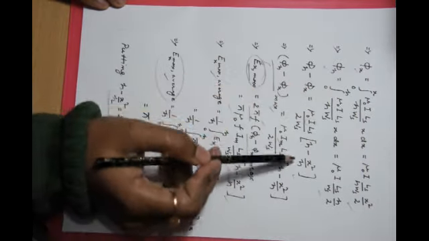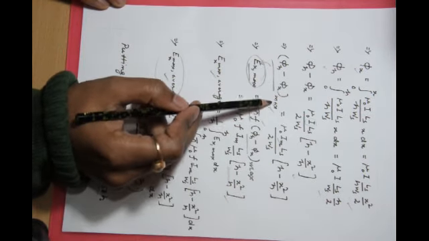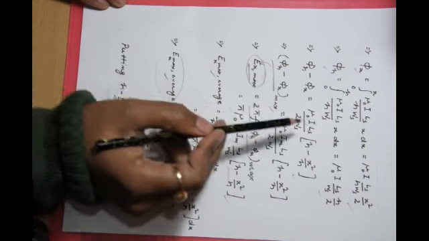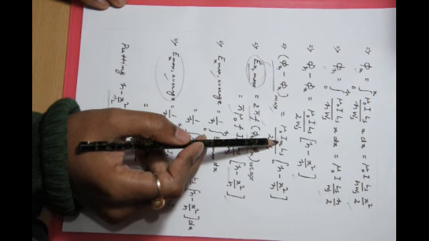Phi h minus phi x is calculated, which is equal to this much. Its maximum value is given by just replacing I by Im, the maximum current, the main current.